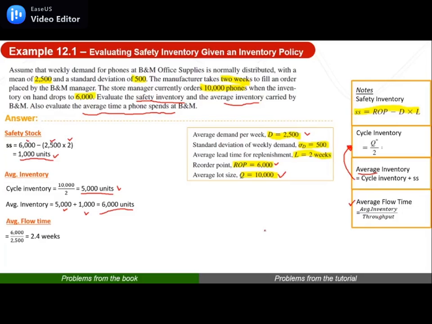We put the numbers directly into the formula: the average inventory, 6,000, divided by the throughput, or average demand, 2,500, and we get 2.4 weeks. So each phone spends an average of 2.4 weeks at the store.